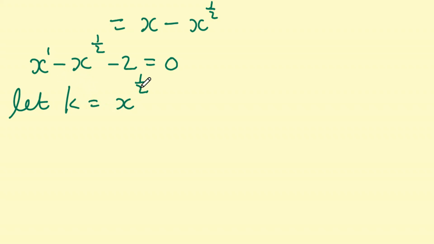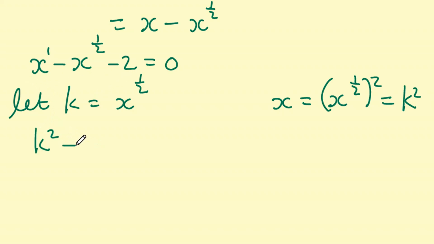So if k is x to the half, then x to the 1 will equal k squared, because x to the 1, or just x, is x to the half all squared. And we know that x to the half is k. So this is k squared. So we're going to get k squared minus x to the half, which is k, minus 2 equals 0.